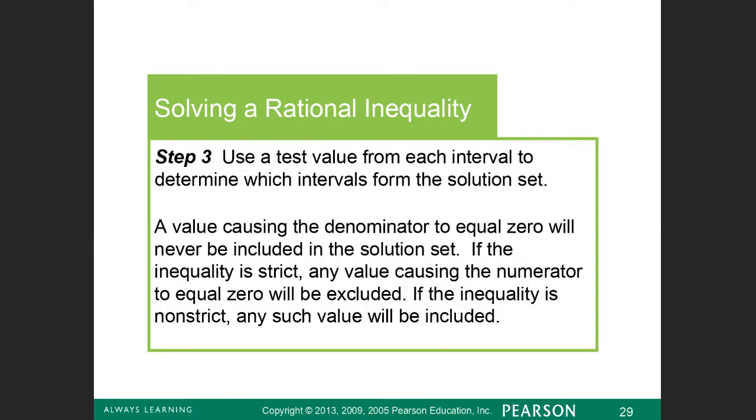Then the last step, step 3, use a test value. So we always use this test value. So that's from the quadratic inequality also. Remember to divide the number line into 3 regions. Region A, region B, and region C, in order for you to find the right interval.